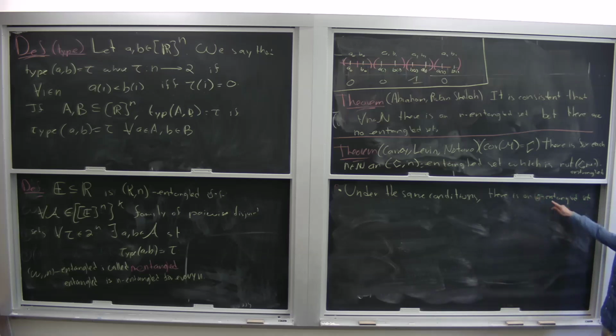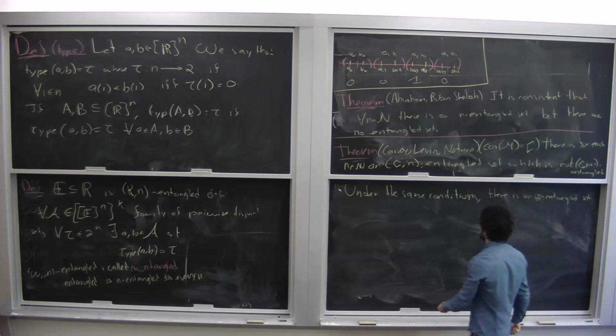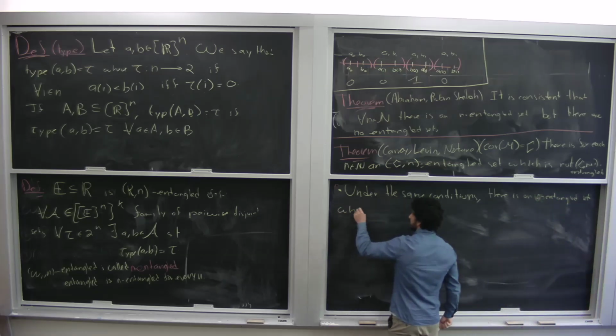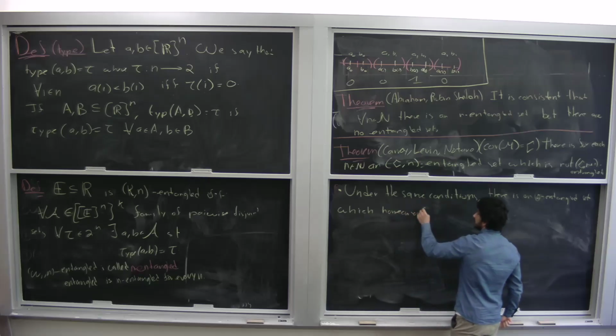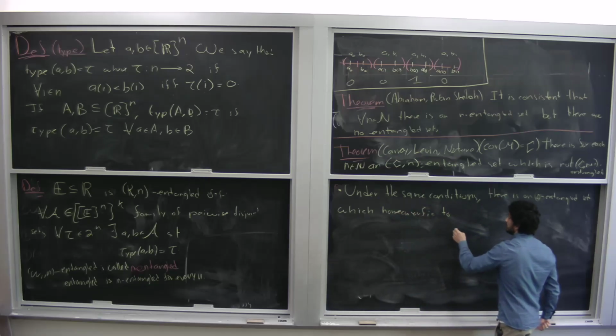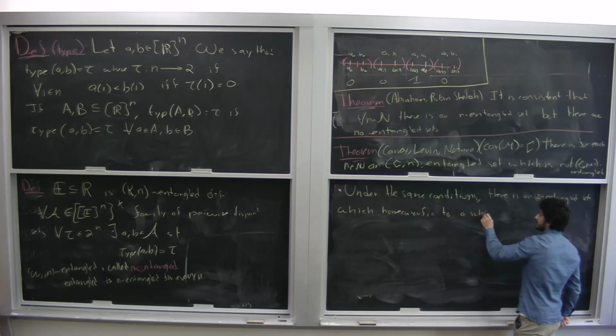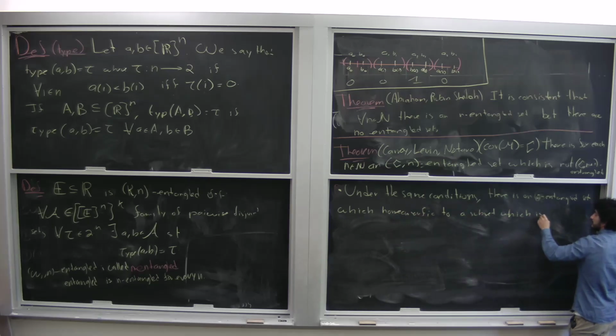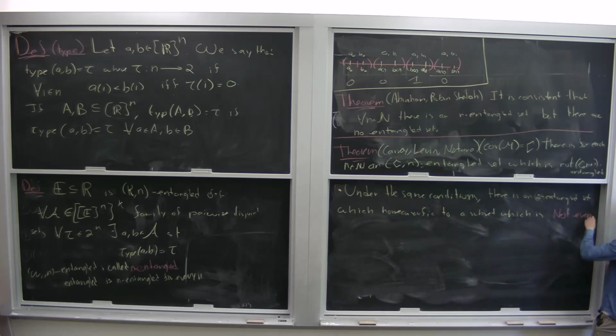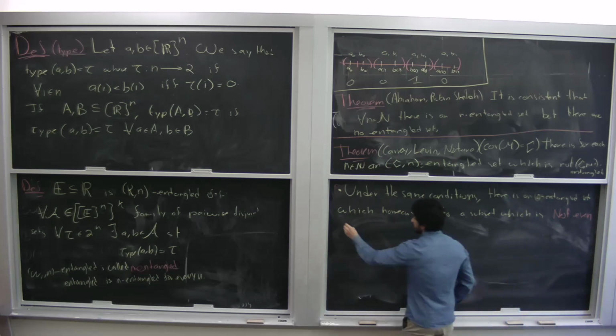When I say C entangled set, it is C n-entangled for every n, which is homeomorphic to a subset which is not even C 2 entangled.